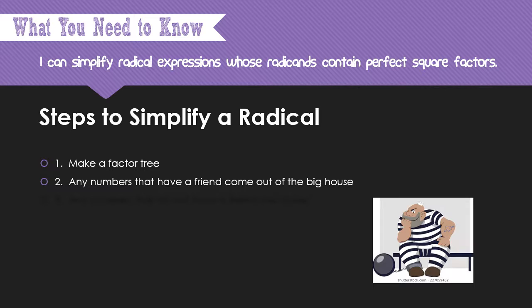They get to come out if they have a buddy, so they get to come out of the square root. And then any number that doesn't have a friend, so if you have a single factor that doesn't have a pair, doesn't have a buddy, then they have to stay inside the house or inside jail, depending on the analogy that you've heard.